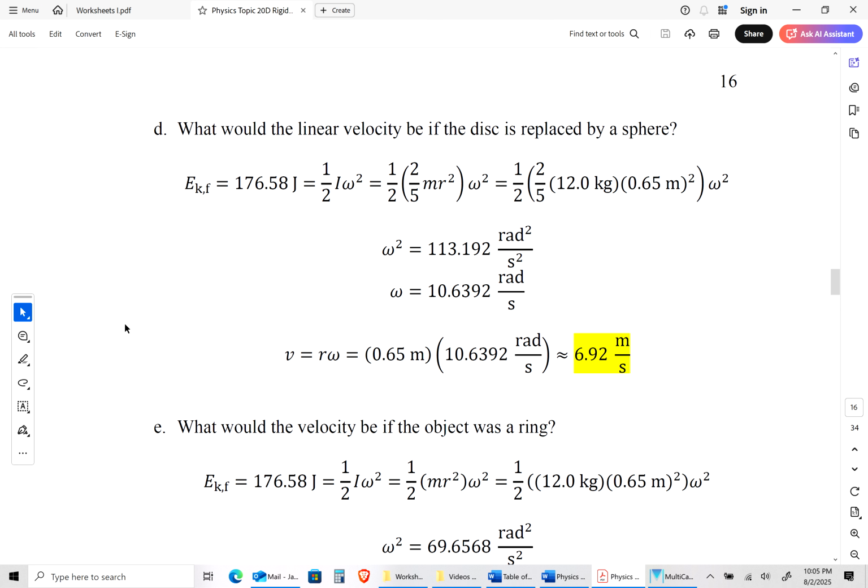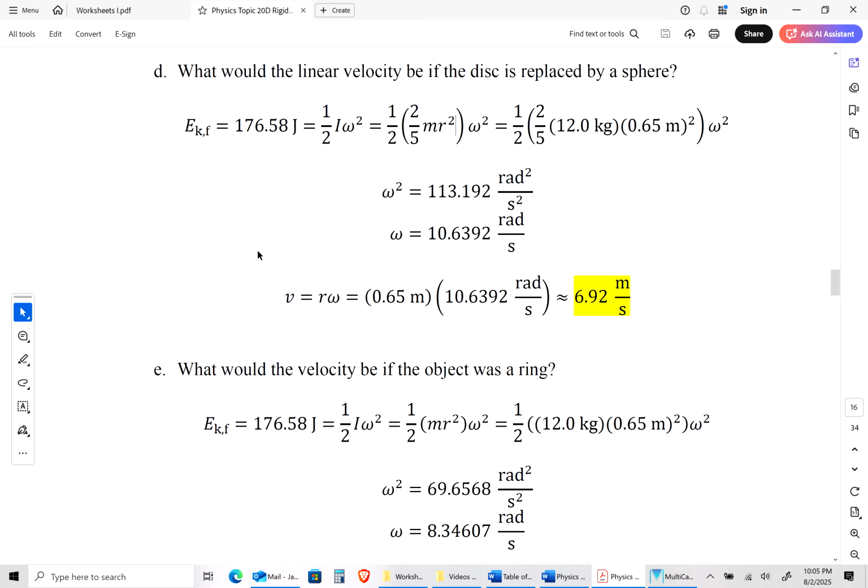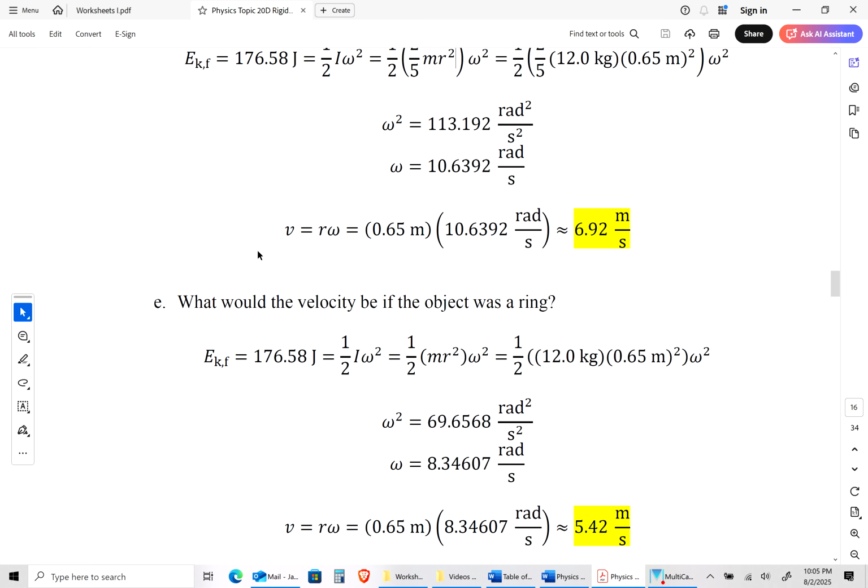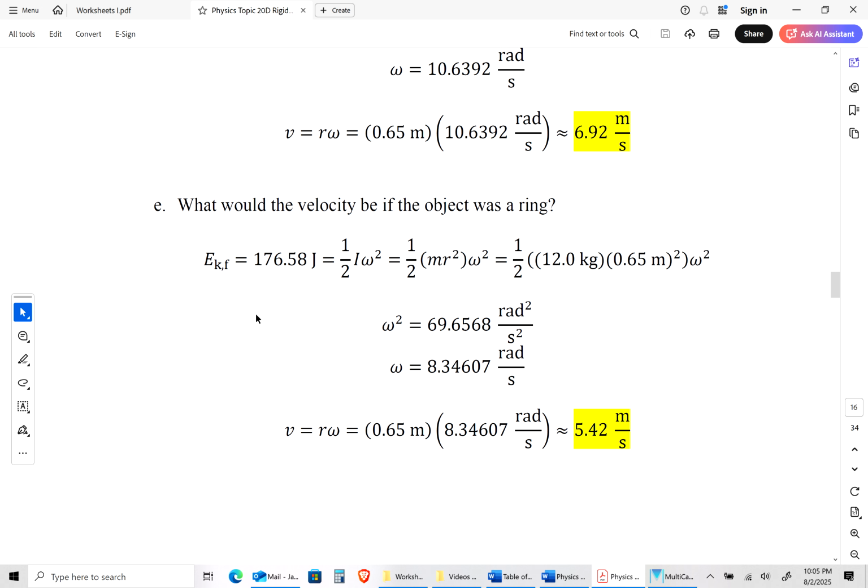Part D, what would the linear velocity be if the disk is replaced by a sphere? So now we're going to change the moment of inertia to 2/5 mr squared. Part E, what would the velocity be if the object was a ring?